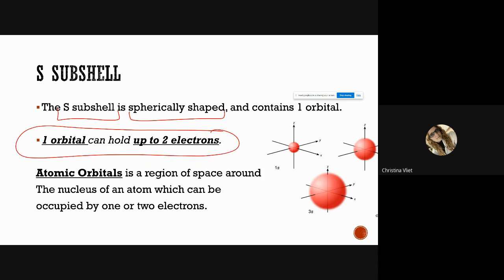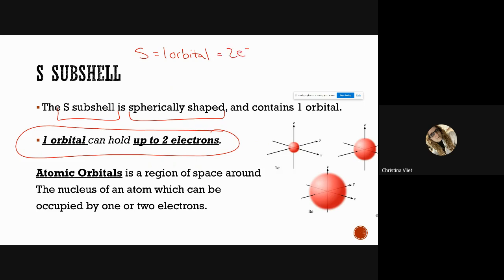So the difference between your S, P, D, and F is actually the shape and how many orbitals they hold. S, if you'll recall, is 1 orbital, always. Which means every time you have electrons filling into the S sublevel, it holds up to 2 electrons only. 1 orbital holds 2 electrons.